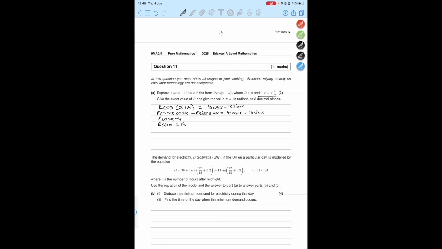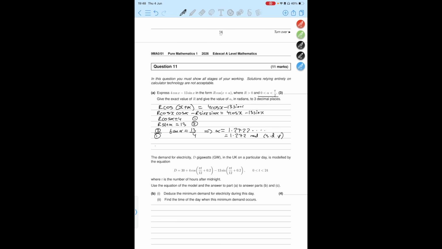First thing we're going to do is equation 2 divided by equation 1. That gives us tan alpha equals 13 over 4. So therefore alpha is equal to, let me remember to switch into radians, tan inverse 13 over 4, which is 1.2722, so 1.272 radians to 3dp.